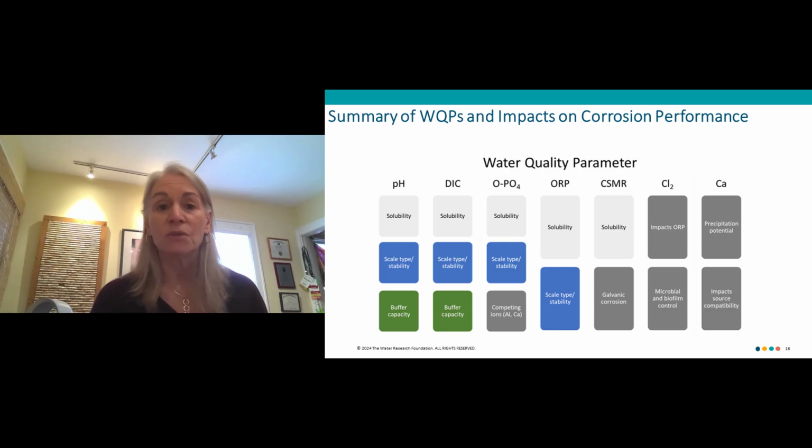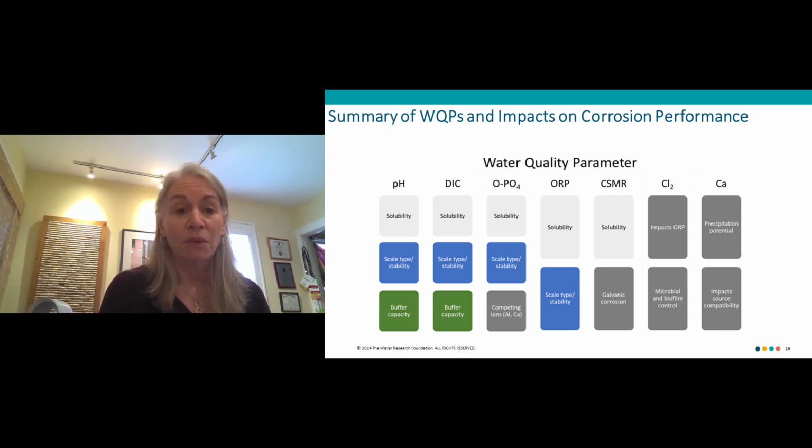And if you're going to be changing chemistry or sources, you'll want to understand whether the new changes or the new sources are compatible, or how you might be changing the mineralogy of the scales. And then the gray boxes are other very important corrosion mechanisms that should be considered, such as galvanic corrosion or microbial biofilm impacts, calcium precipitation that could impact water quality and water stability. So just high-level overviews of the parameters that you would want to be thinking about if a pipe rig or corrosion study is appropriate.